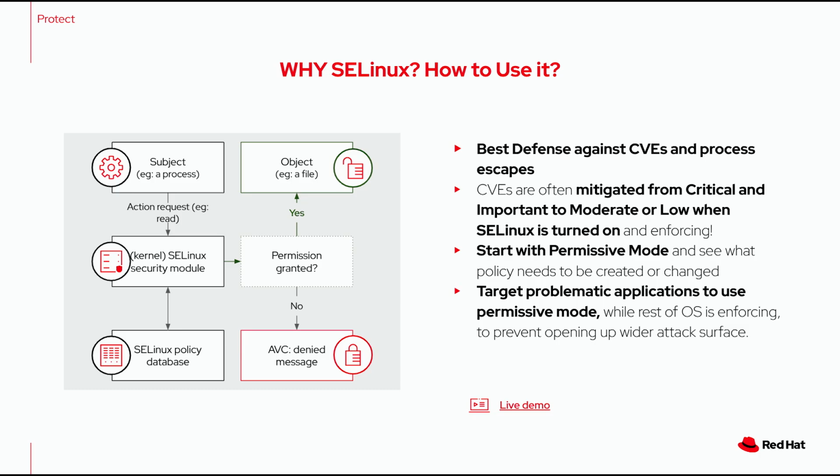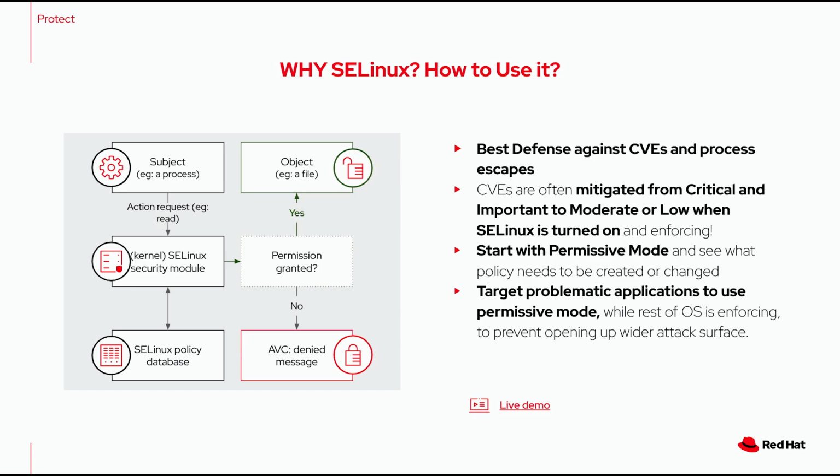If it's not, you need to start in permissive mode and then start to look to see what would be denied. And if your application isn't something that you can easily fix to help it be better, there is a way to have a targeted permissive mode for that particular application, but still have the operating system running in enforcing mode so that your application can run, and you will need to determine policy additions that you do to help protect it.